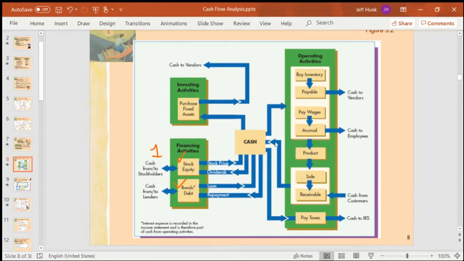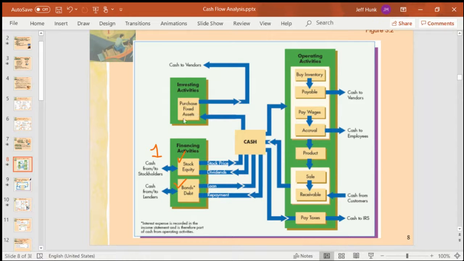So cash flows back into the company, and they use that cash to pay dividends to the stockholders, pay interest to the bondholders, or repay the principal. Make sense?